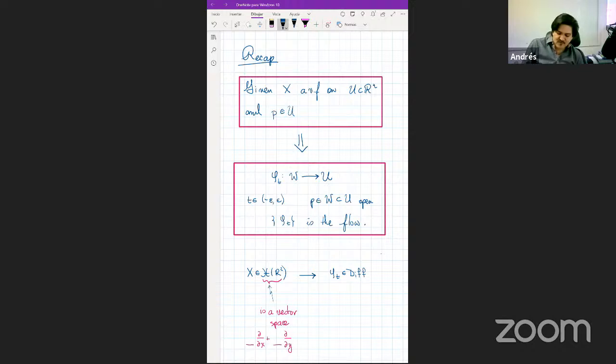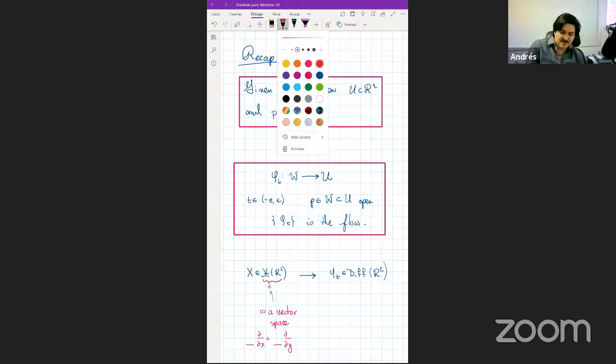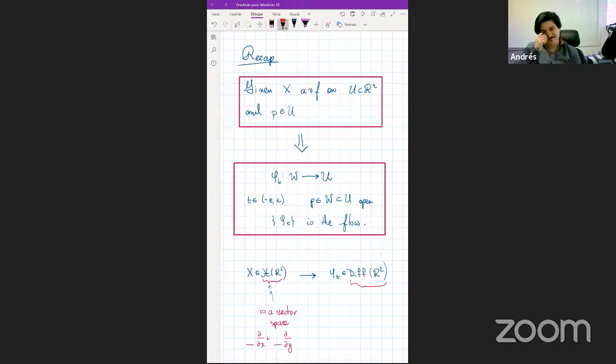Okay. Now, what about diffeomorphisms of R2? What is the algebraic structure of the diffeomorphisms? A long time ago in the homework, you saw that the composition is also a diffeomorphism.